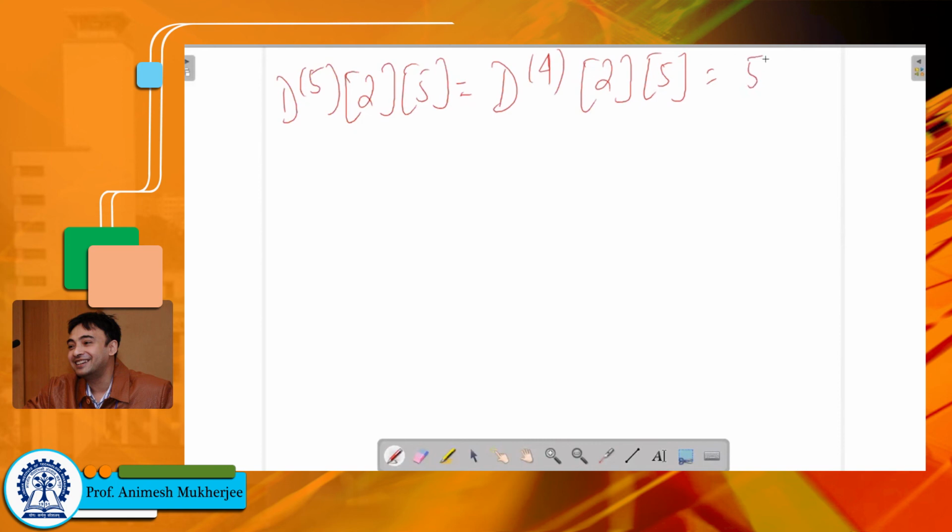Okay. So thus we have at last computed d5 2 to 5, which is nothing but the shortest path from V2 to V5. Okay.